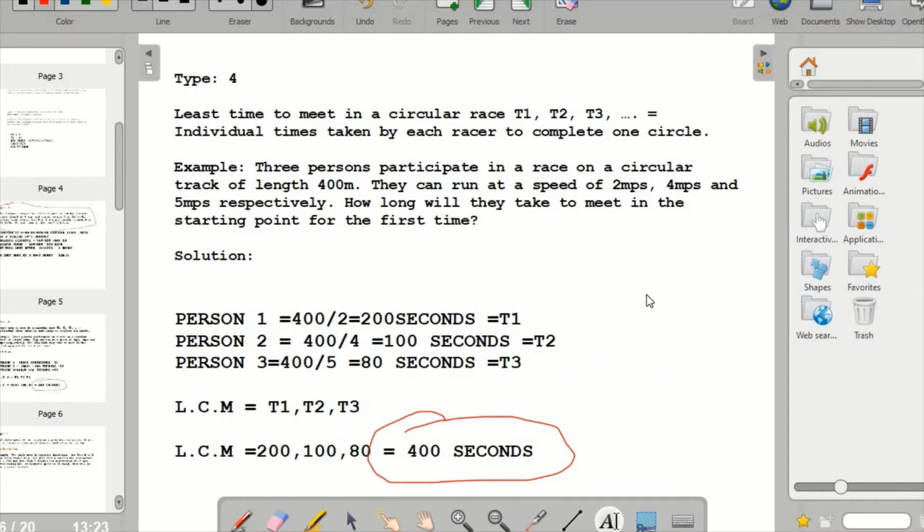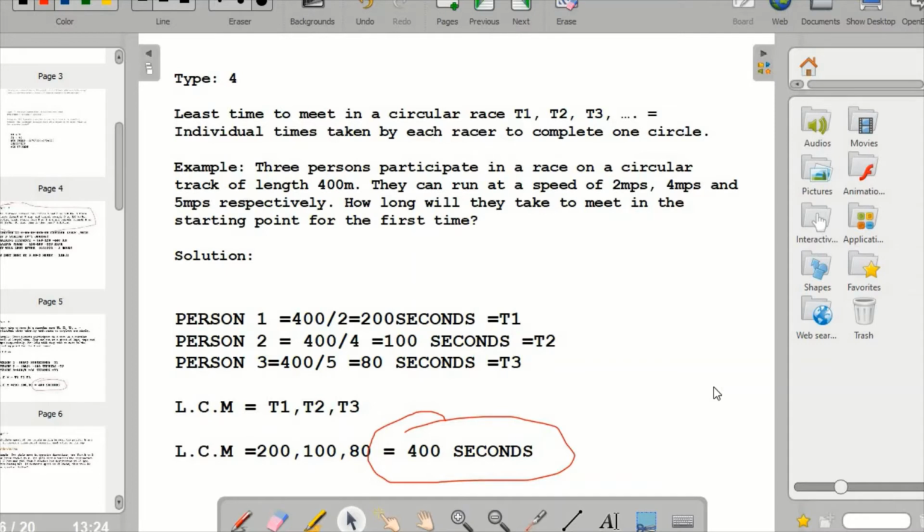We have to calculate when they will complete their first lap. Person 1 is 400 by 2 equal to 200 seconds, T1. For the others we divide the given distance by speed, and then we find the LCM. Their LCM value will be the final answer.